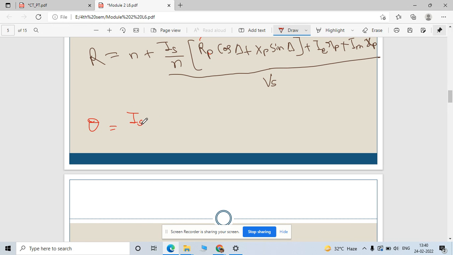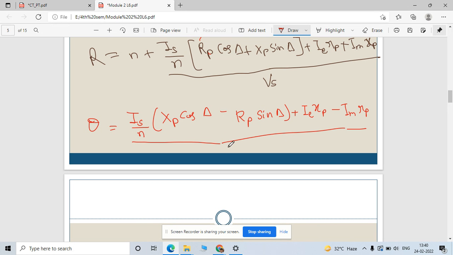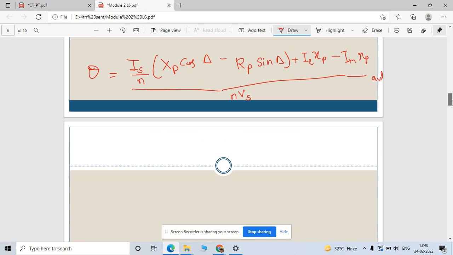Now this is nothing but IS by N, which is XP cos of delta minus RP sin of delta, plus IE XP minus IM RP, divided by N VS. This is in terms of radian.